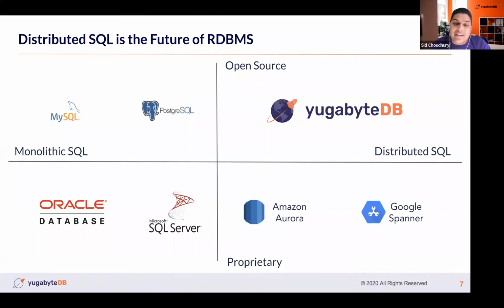Hence the designs of Spanner and Aurora from the two big cloud providers. What we have done at Yugabyte is essentially take the best parts of both database architectures, Postgres compatibility like Aurora at the top, and a Spanner-like distributed document store at the bottom, that allows us to serve various kinds of transactional workloads with ease.